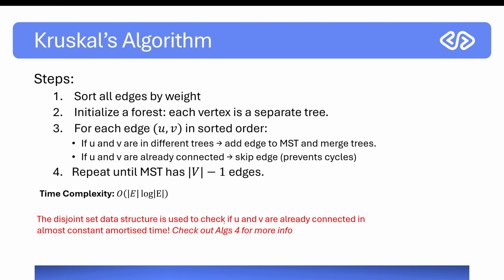Another one is Kruskal's algorithm, which I personally find a bit cooler, because it uses a data structure that goes by a bunch of different names. Some people call it union find. More commonly, you'll see it as disjoint set.